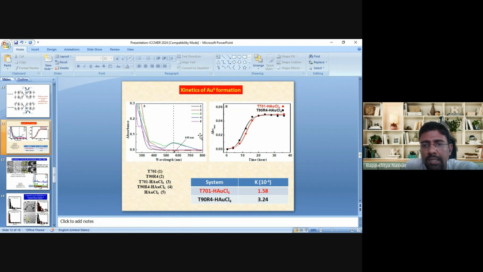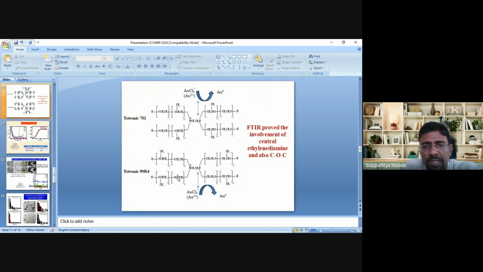In the T90R4 system, the PO group close to the diethylamine is also higher in number than in T701. So there is a possibility of much higher interaction compared to T701.